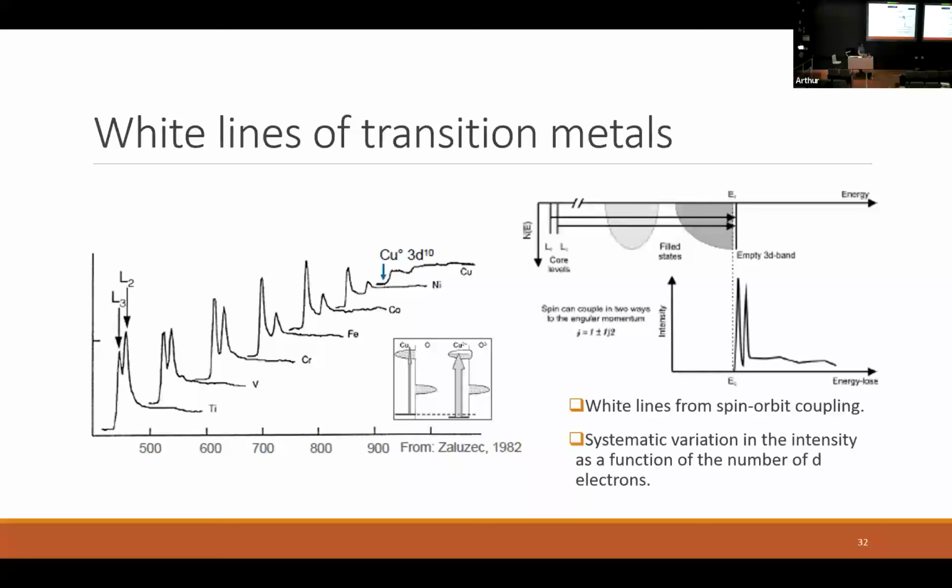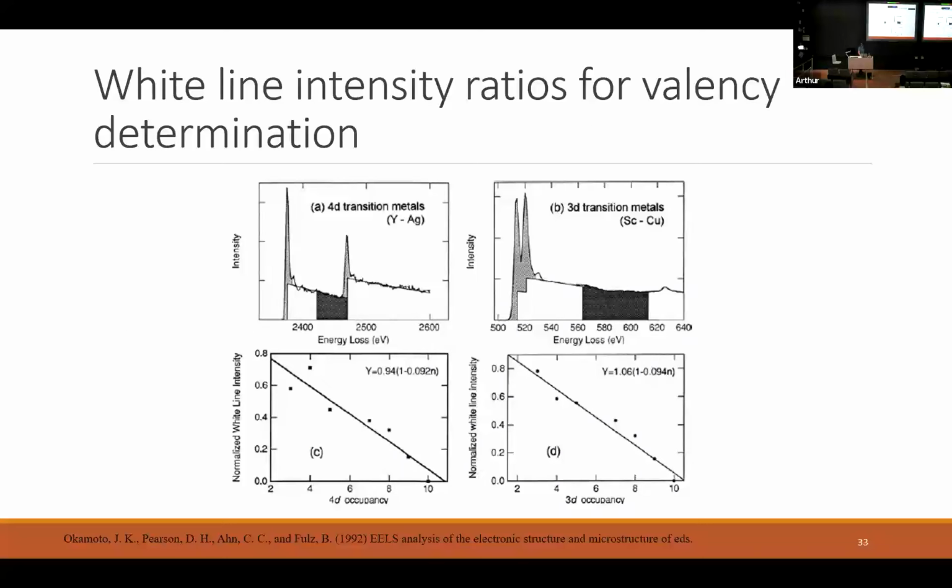But one cool thing about that is that it's not just that as you go along the periodic table, they change. As you change the oxidation state, you're also changing the ratio of these two peaks. So from just plotting the ratio of the L2 to L3 peaks, we're able to get a lot more information about what the oxidation state is locally. And that's how that example a couple of slides ago was done. They were just changing the ratio of those two peaks and able to compare that to the literature values to figure out whether they had titanium 3+ or titanium 4+.